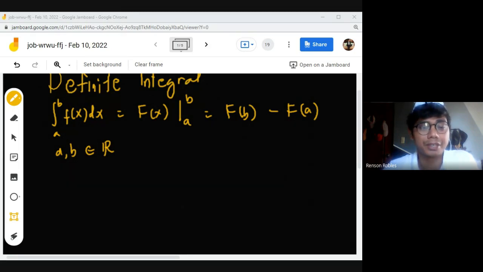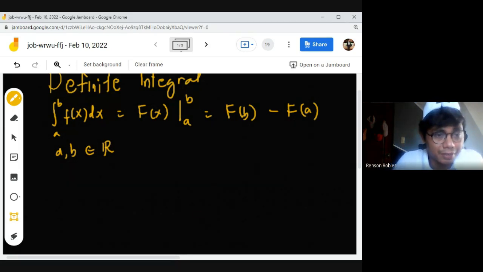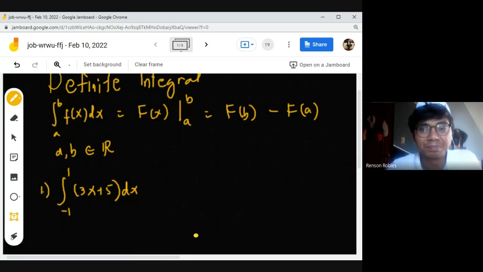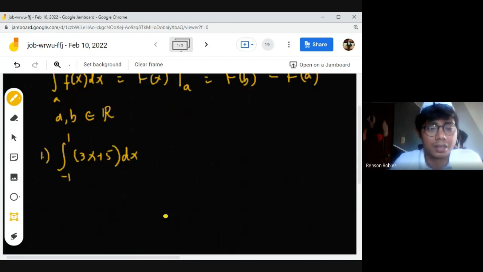Okay. Say, for example, we have integral of 3x plus 5 dx evaluated from -1 to 1. So first, evaluate the particular integral. You can apply the various integration formulas. Integral of 3x dx.